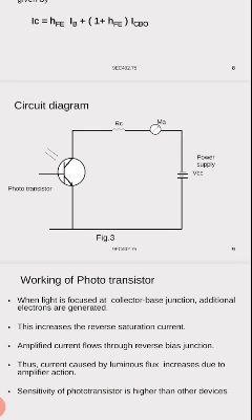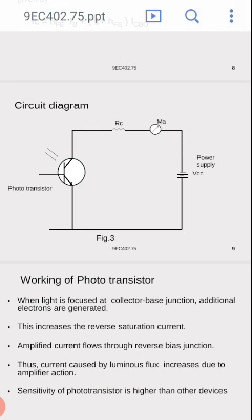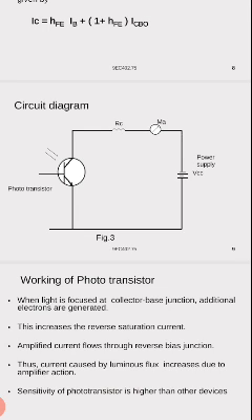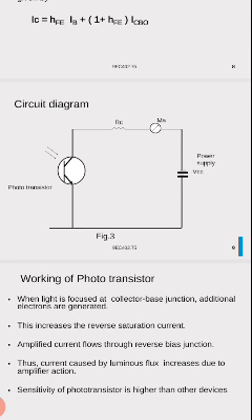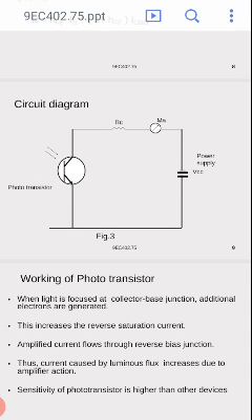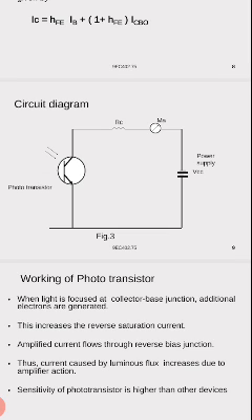Amplified current flows through reverse bias junction. Thus, current caused by luminous flux increases due to amplifier action. Sensitivity of phototransistor is higher than other devices.